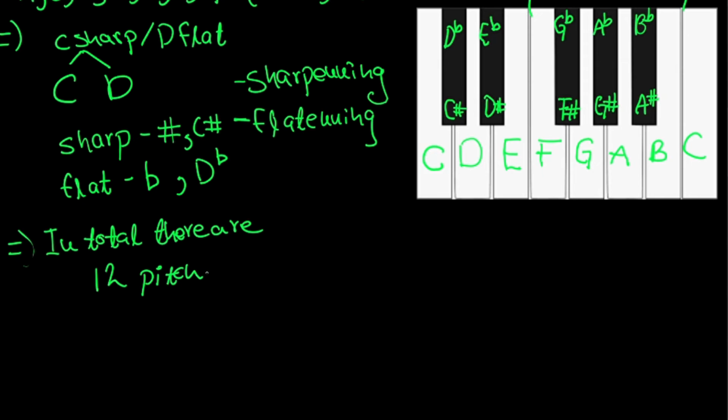There are 12 pitches, and if I play these 12 pitches in sequence, we call that, and this is just a fancy word, a chromatic scale. So if I play these 12 basic musical pitches in sequence, one after the other, that is called a chromatic scale.